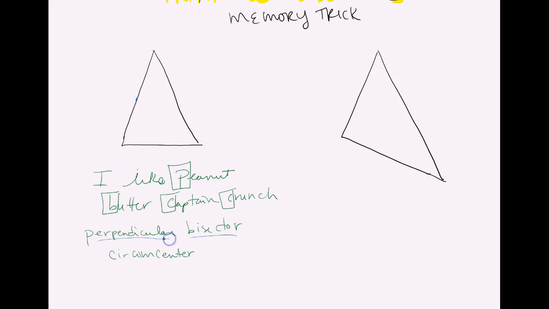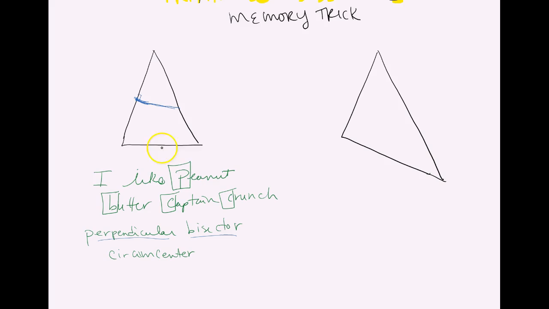Now the word perpendicular, you probably remember, means that it needs to hit at a 90-degree angle. So I'm going to go to the middle and try to draw a 90-degree angle, and I'm just going to let this blue line end wherever it needs to end. Wherever it stops over here, you don't really need to worry about, because after we do this to all three sides, we're looking for where they meet, okay?